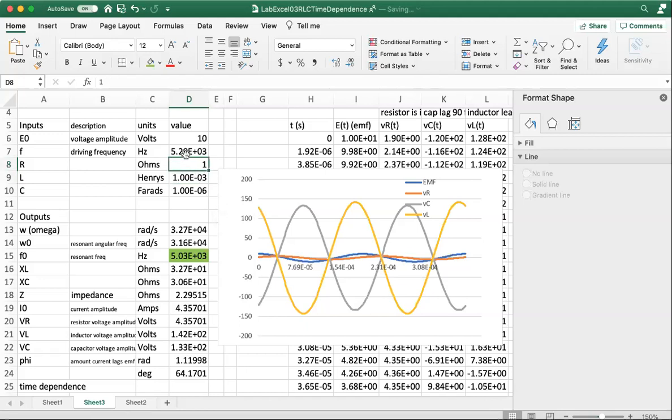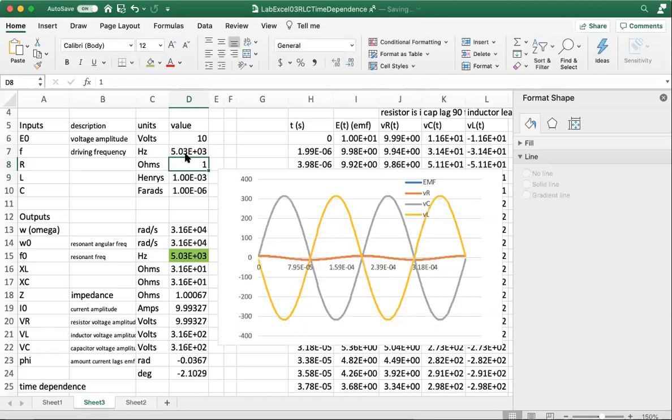Well, actually, I'll just continue down. Let me go to resonance. So let's go right on resonance, and then boop. This is resonance. Look at this, 300 volts. My capacitor and inductor are going up to that, but they're adding to 0 because they're exactly opposite. So that's funny.